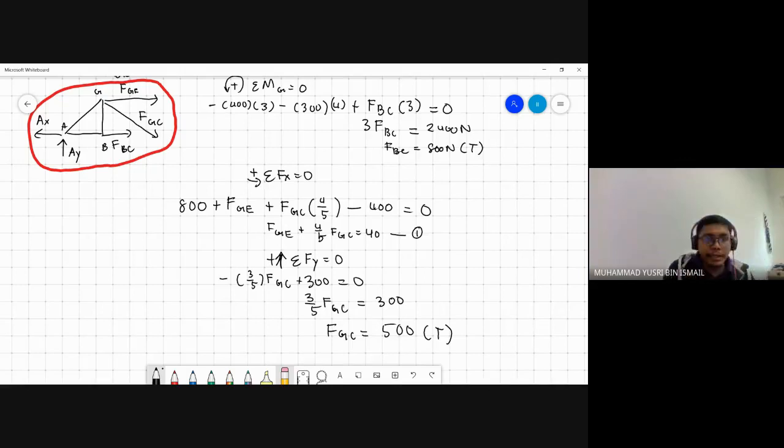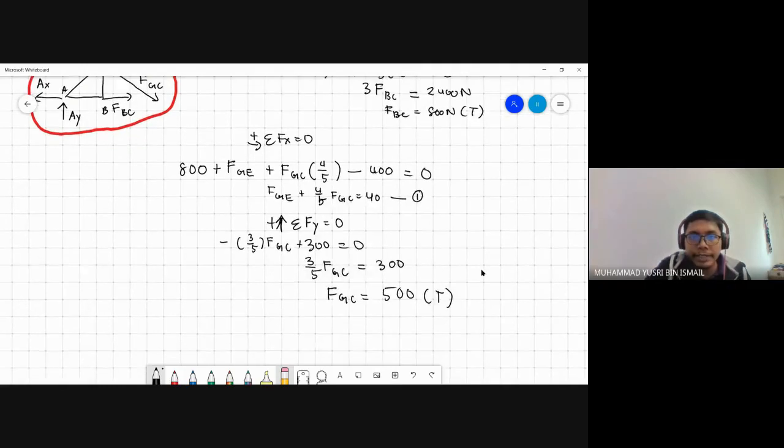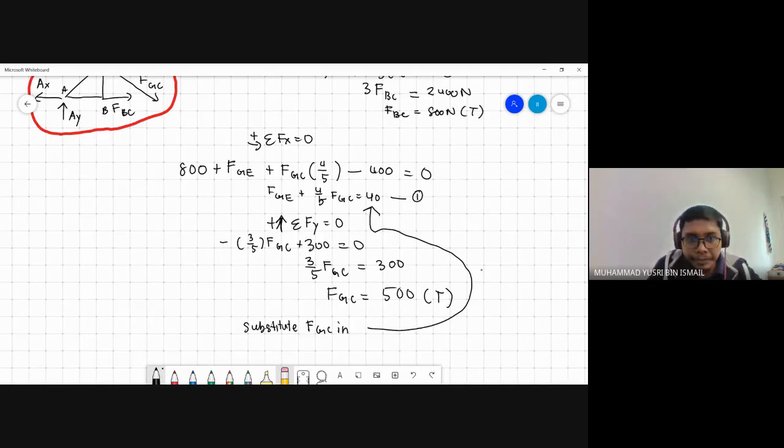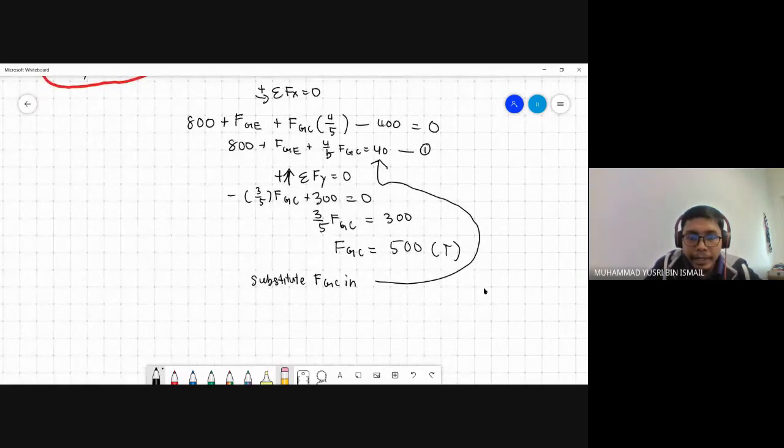Okay, FBC. Now FGE. For FGE, substitute FGC in the first equation. So 800 plus FGE plus with FGC 500.